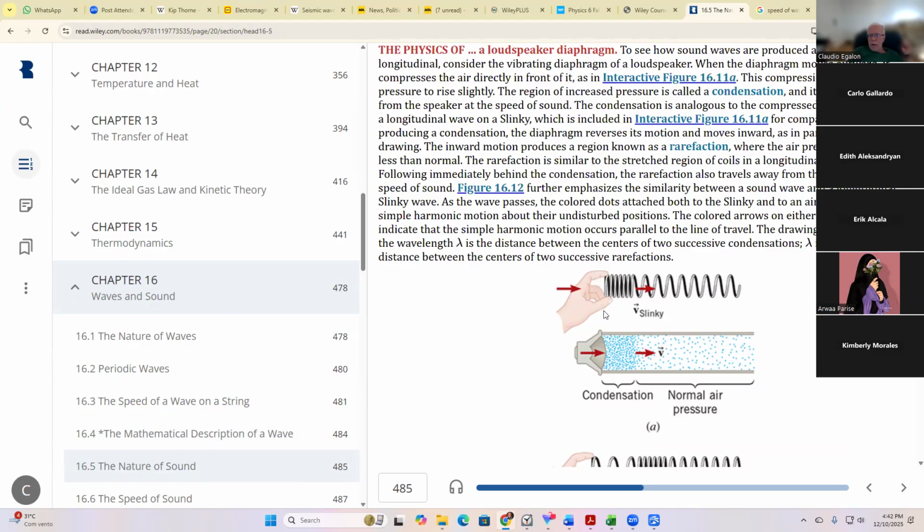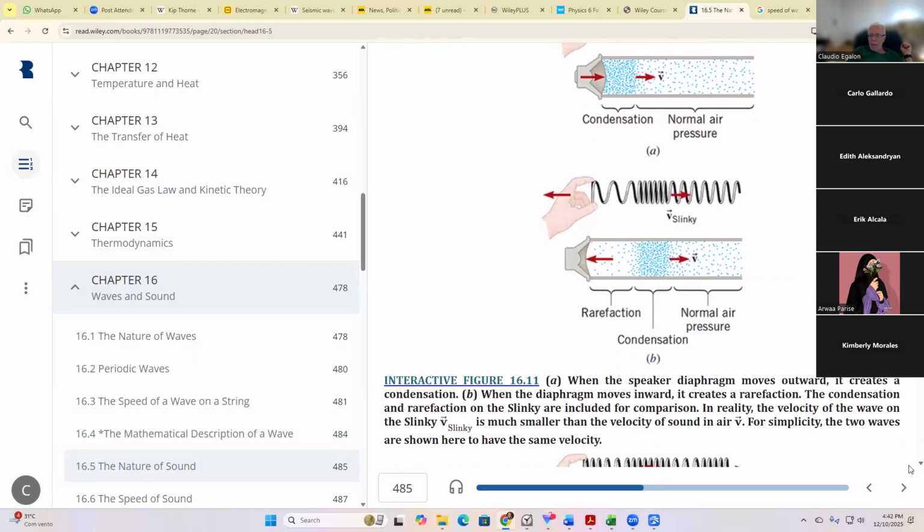We have a region of compression of this link, and we have a region here of air of high pressure, where you have the condensation of air. They call it condensation of the air. I don't like that. Then you release, and that's how a speaker works. It compresses the air nearby it, and this wave goes propagating.